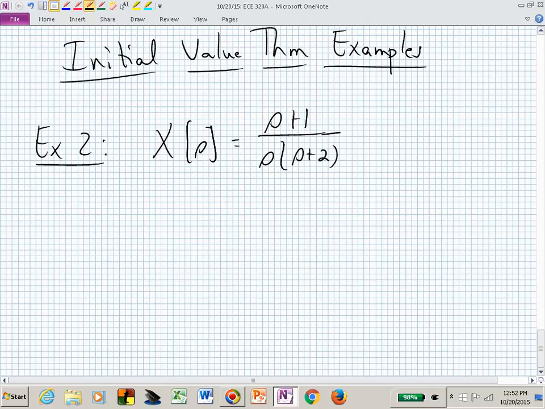There's really no question there. You just see if you can find a limit. In this case, you're saying x of 0 plus is equal to the limit as s goes where? This one now goes off to infinity of s capital X of s.